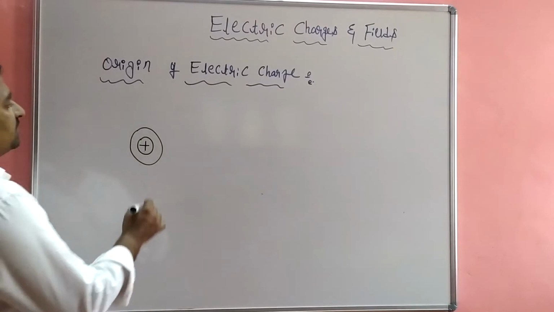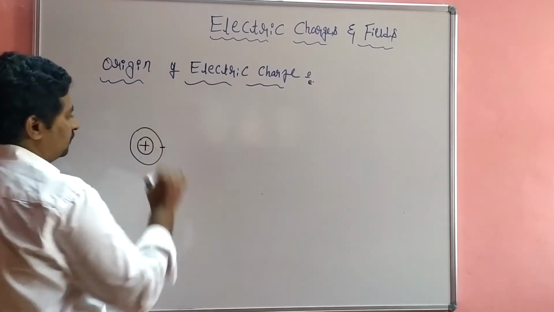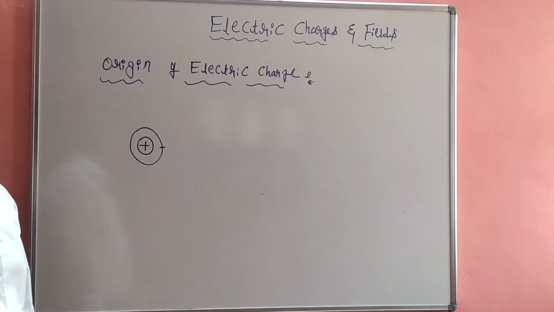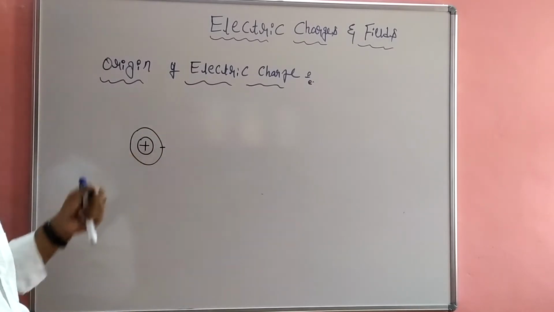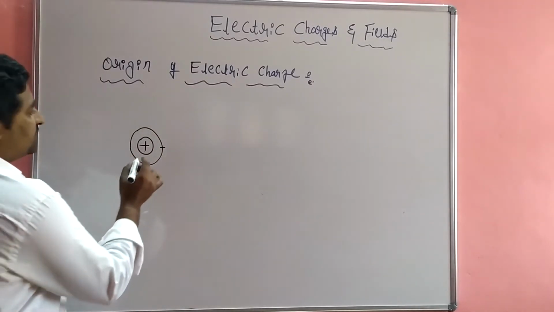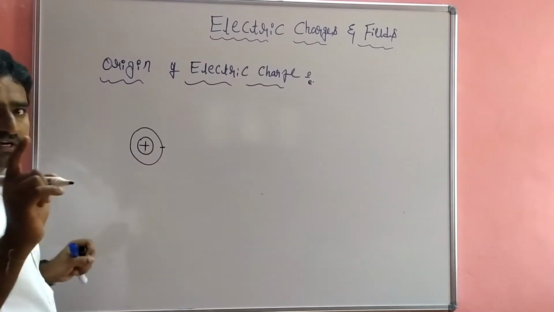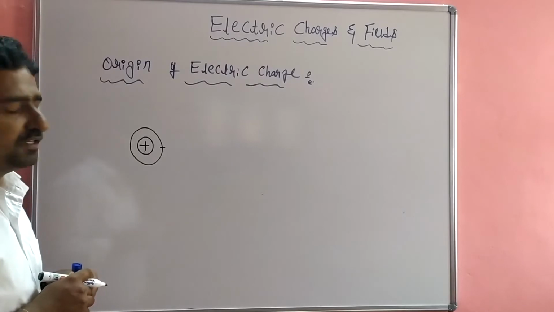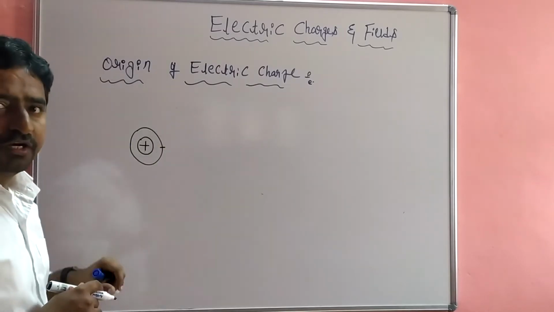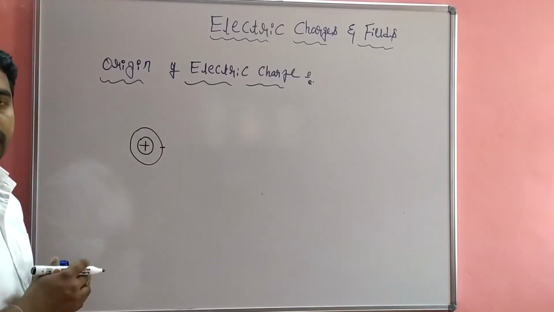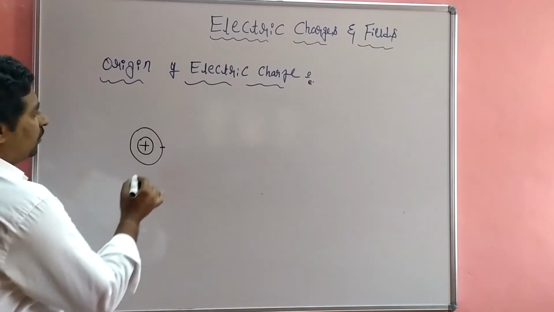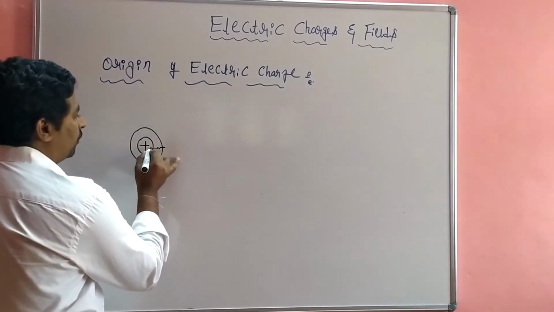The electron is negatively charged. Unlike charges attract. Because the distance is very small, the attractive force is very large. That is, distance is inversely proportional to the electrostatic force. So the attractive force is more here.